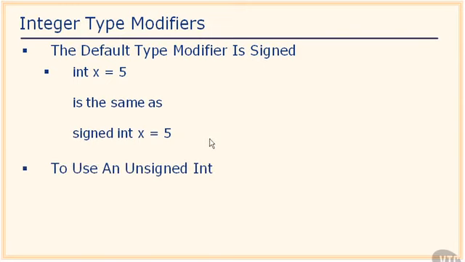All right. Now to use an unsigned int or any kind of unsigned data type, I'm going to have to actually type the word unsigned out there. So the same thing there. If I'm going to create an unsigned integer of x and set it equal to 5, I'm going to have to actually use the unsigned word.